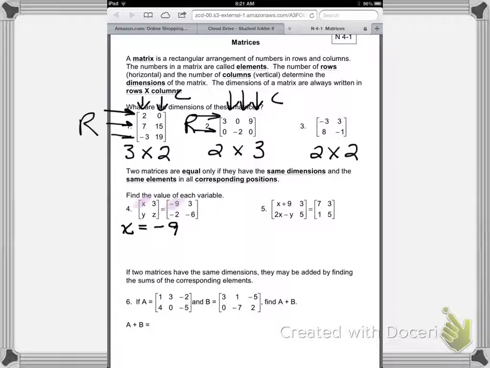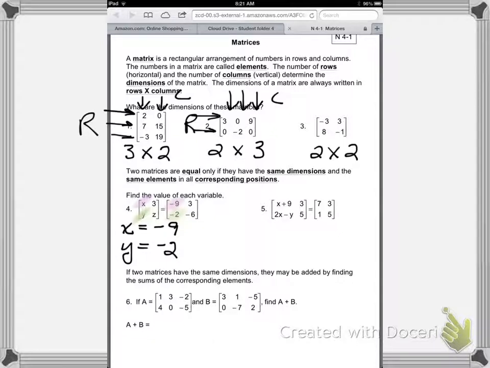Now let's find another corresponding element. Let's change the color of my highlighter. Y here is the same as that, so y is equal to -2.